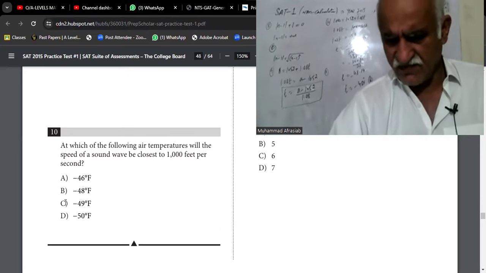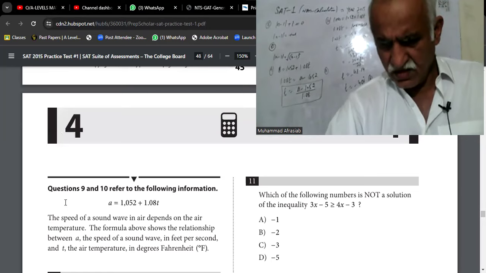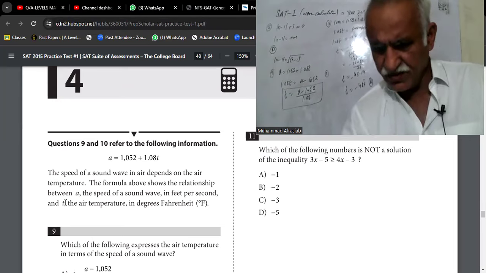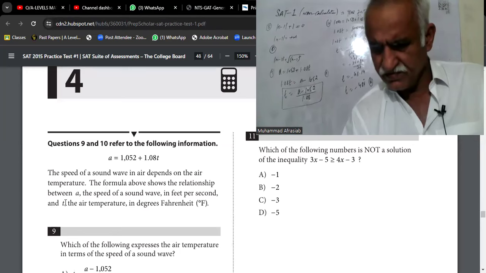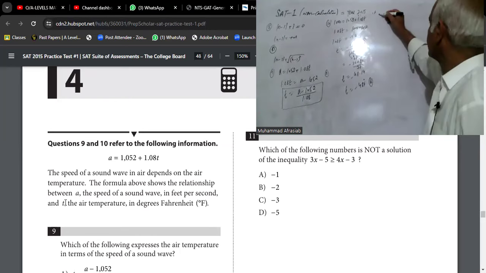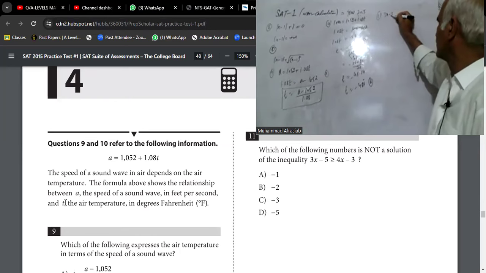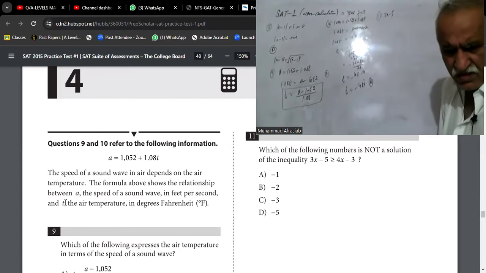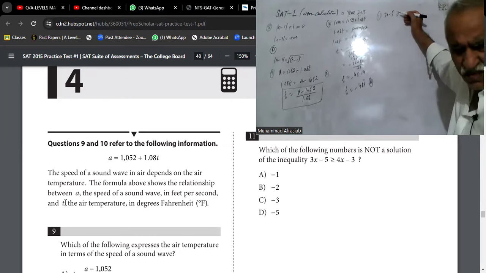Now question number 11. Which of the following numbers is not a solution of this inequality? 3x minus 5 is greater than or equal to 4x minus 3.